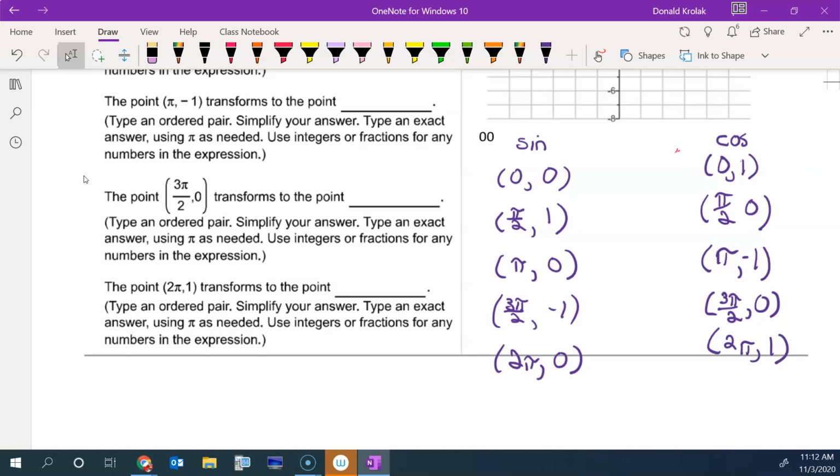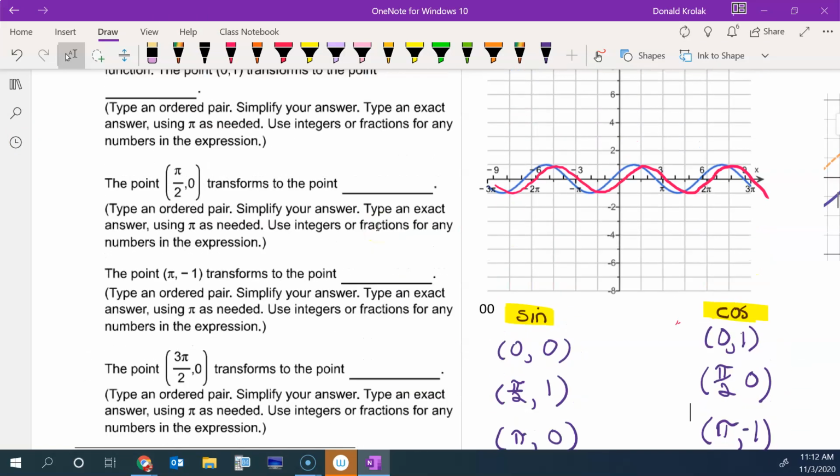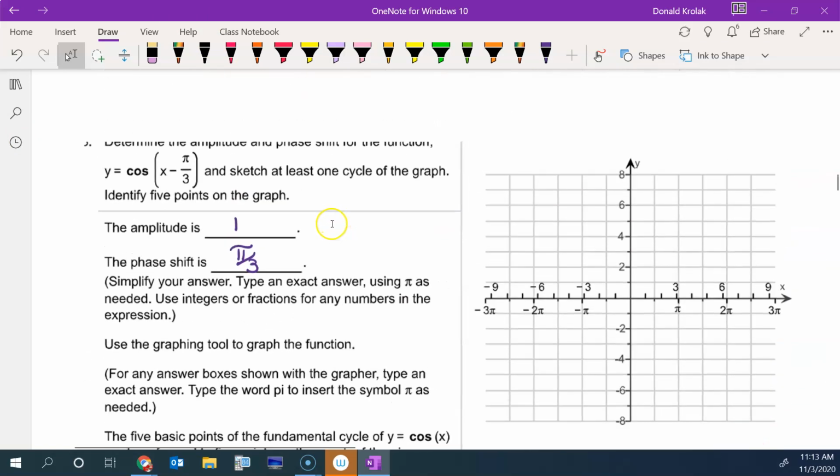So depending on what your number 3 looks like, you're going to write down these 5 points or these 5 points. All right, now look at how you're sliding it.